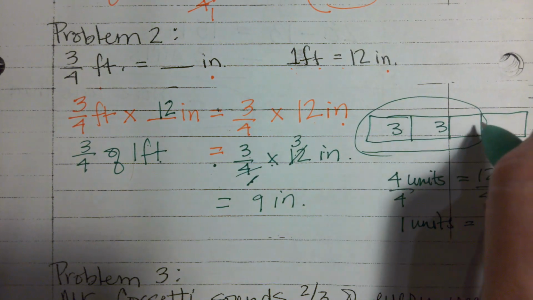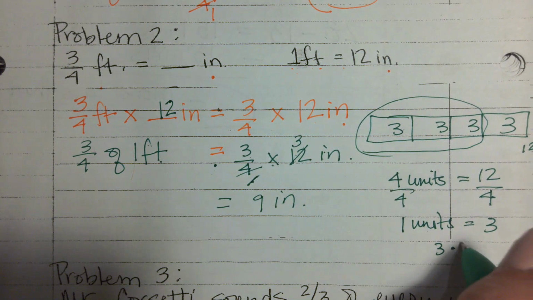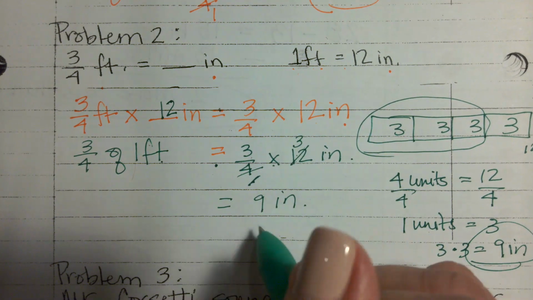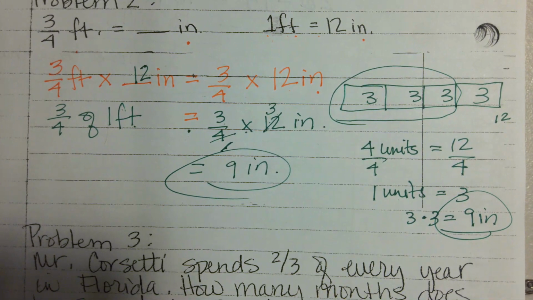So 3, 3, 3, 3. And if I had 3/4 of it, it'd be 3 times 3 equals 9. 9 inches. Does that make sense for you? All right.